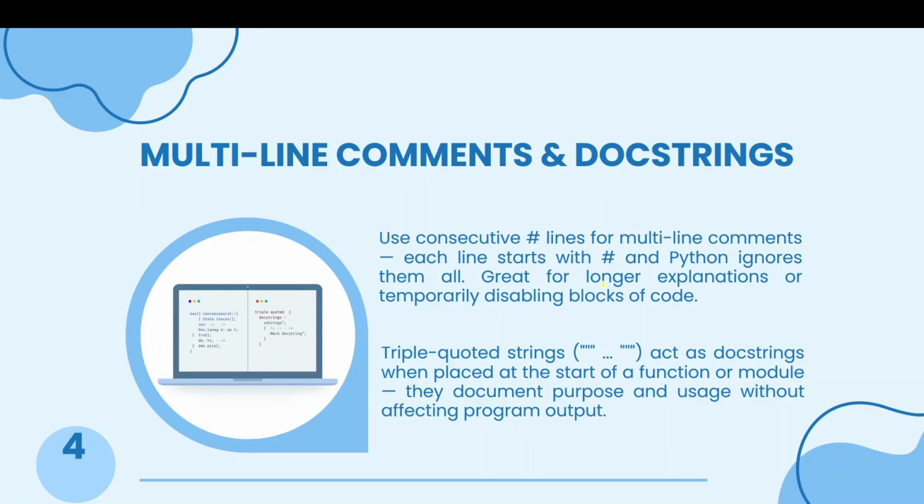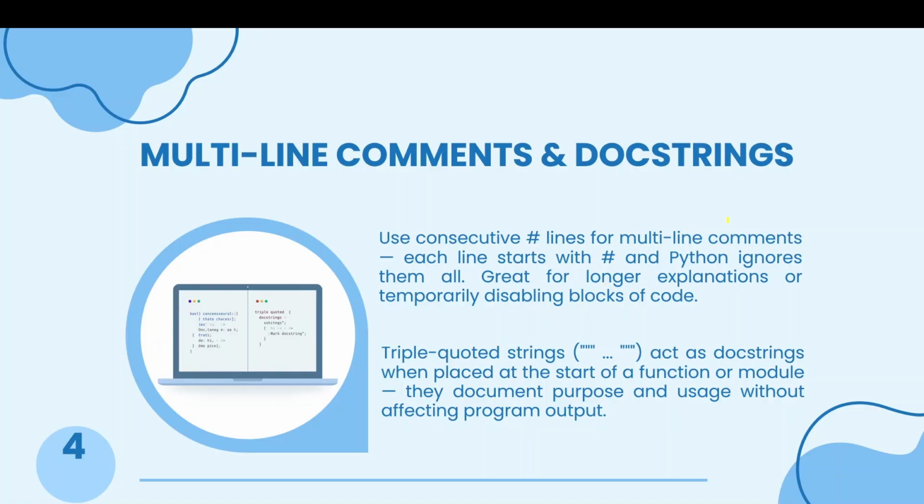Whatever is inside those triple quotes is also going to be considered as a comment. Again, the same thing happens as with single line comments: Python is going to ignore whatever is inside the triple quotes.